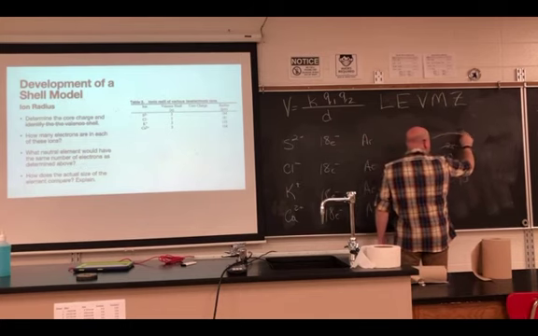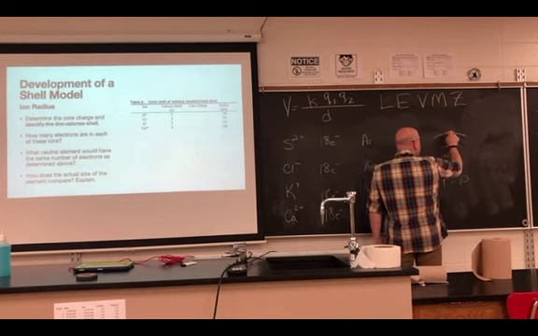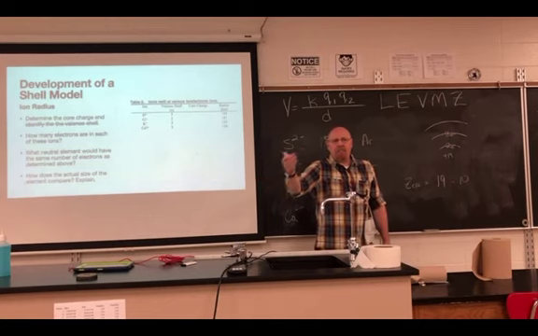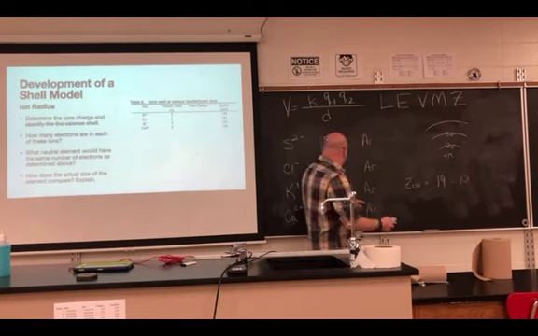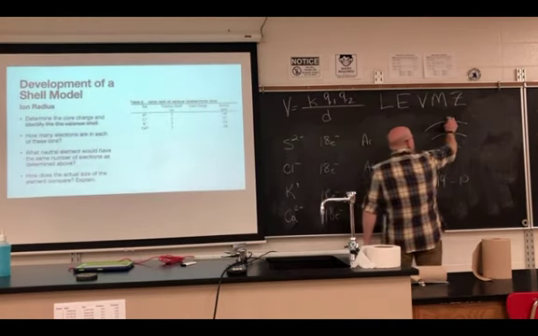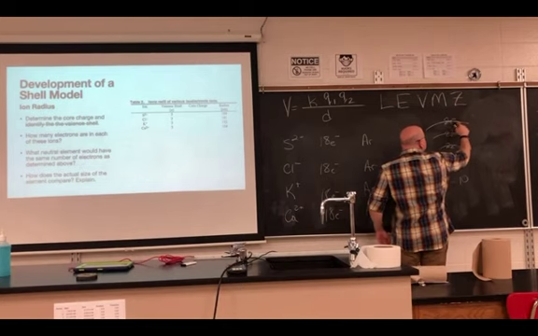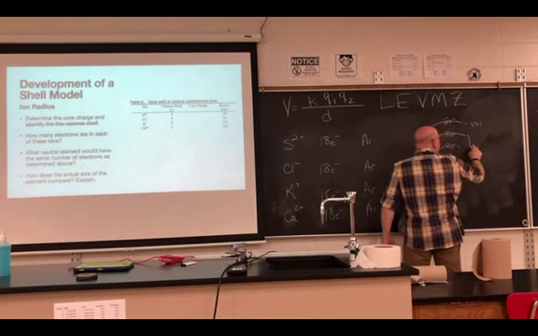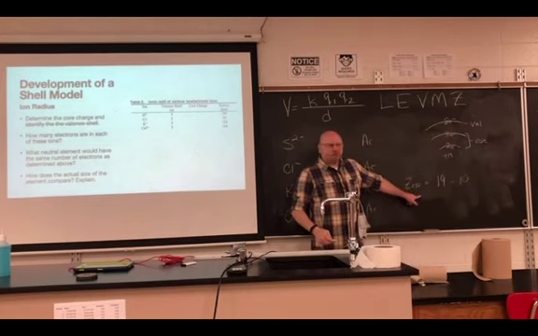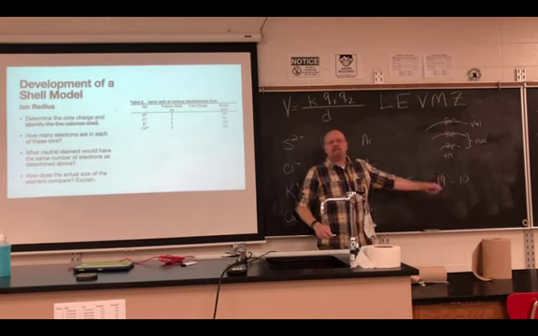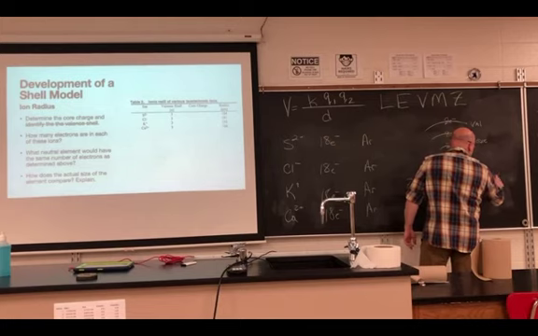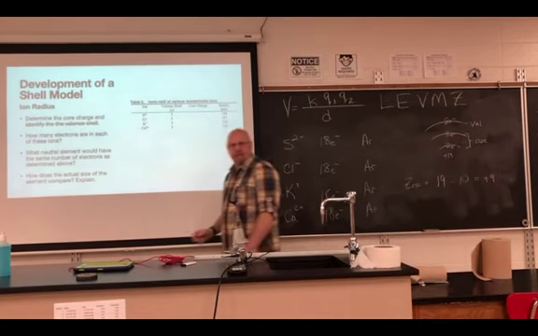In the 2nd shell, you can have how many? 8. Now, our 3rd shell, we can have more than 8, but right now, we have 8. But this is our valence. These are our core. And remember, our effective nuclear charge is the number of protons minus core. Okay?